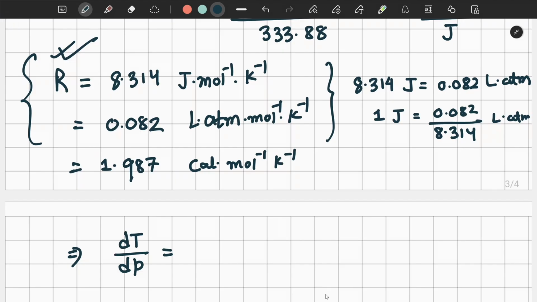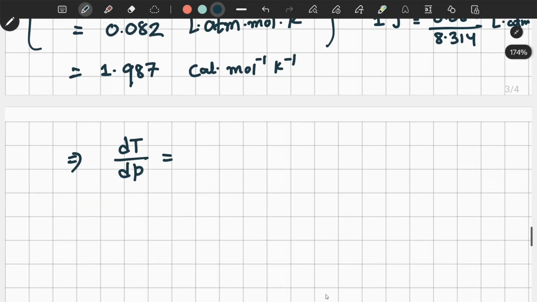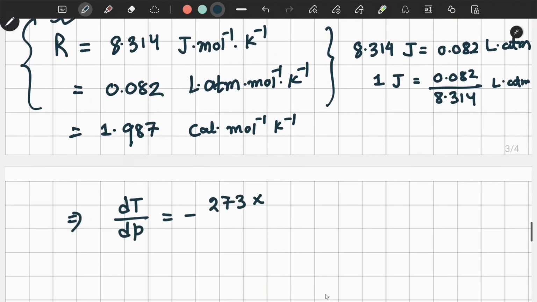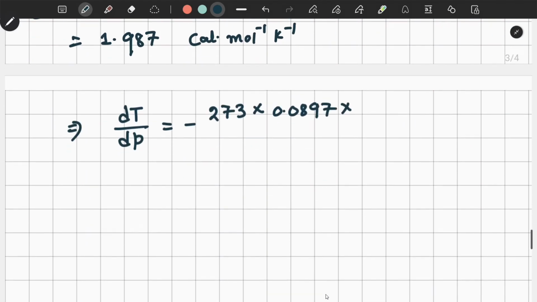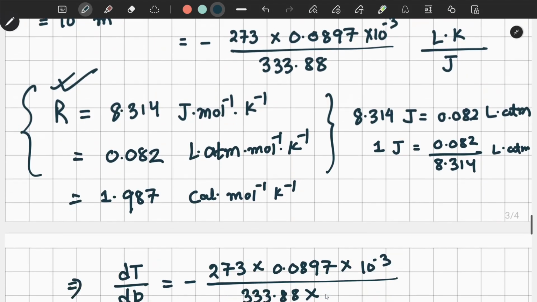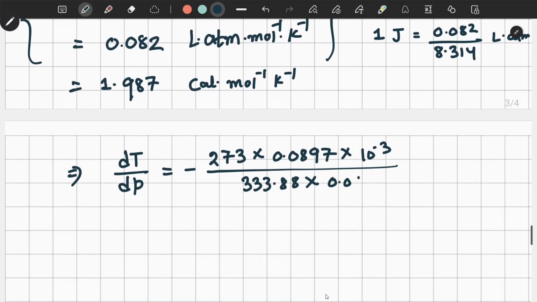So dT/dP will now be minus 273 into 0.0897 into 10 to the power minus 3, divided by 333.88, into 0.082 by 8.314. The unit will be liter Kelvin by liter atm, and the liter will cancel out, so only Kelvin and atm will be there.